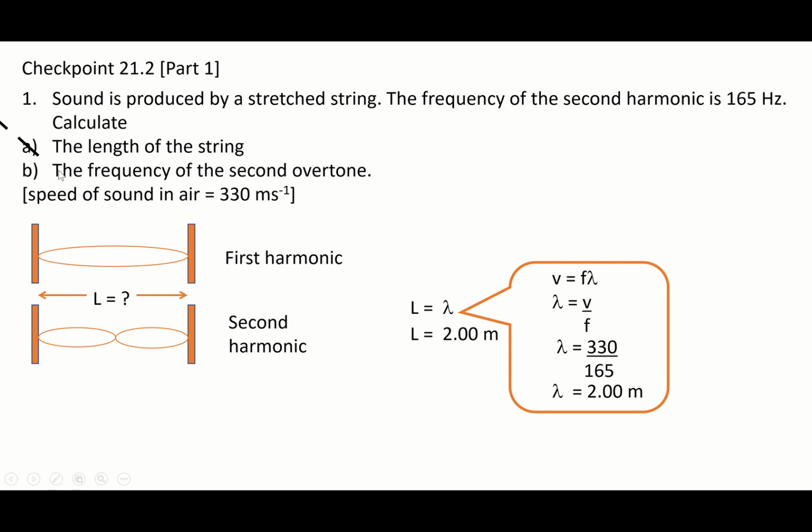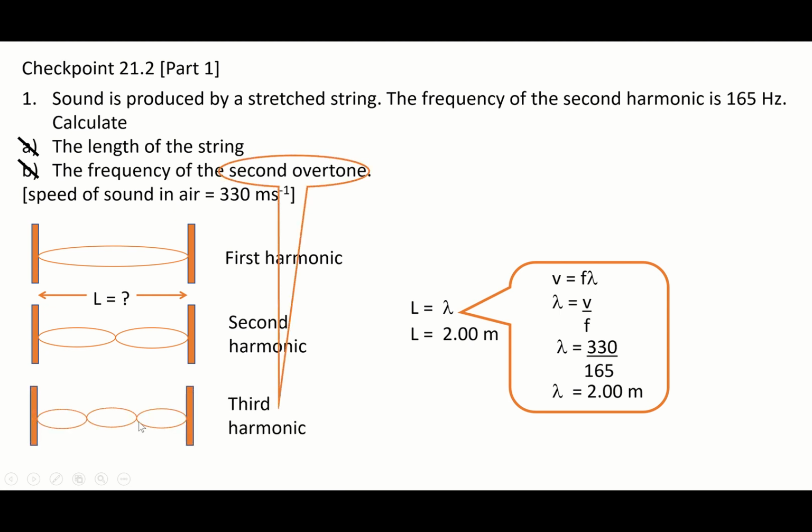Next, 1B. For 1B, we are going to find the frequency of the second overtone. The second overtone means 3 loops here. The second overtone means the third harmonic. The second harmonic is the first overtone, and the third harmonic is the second overtone.